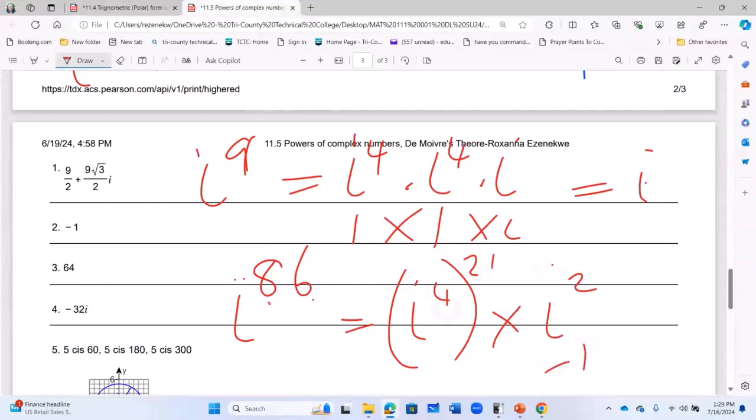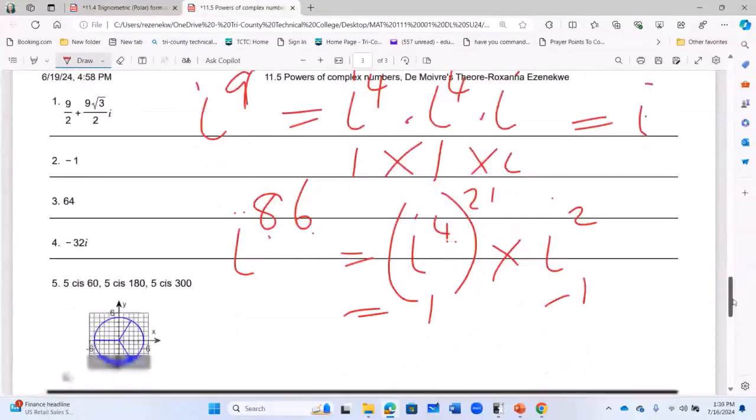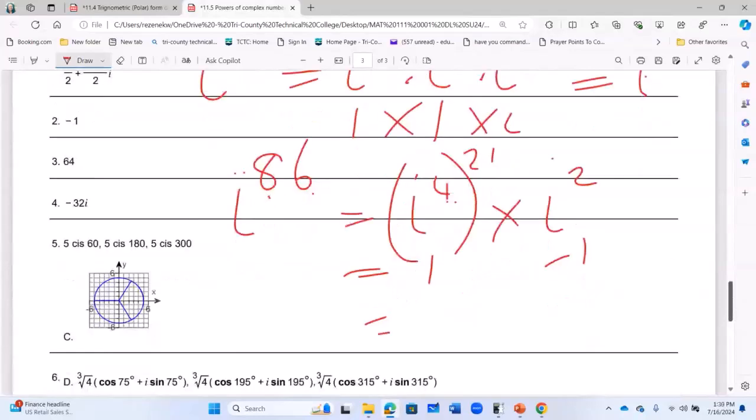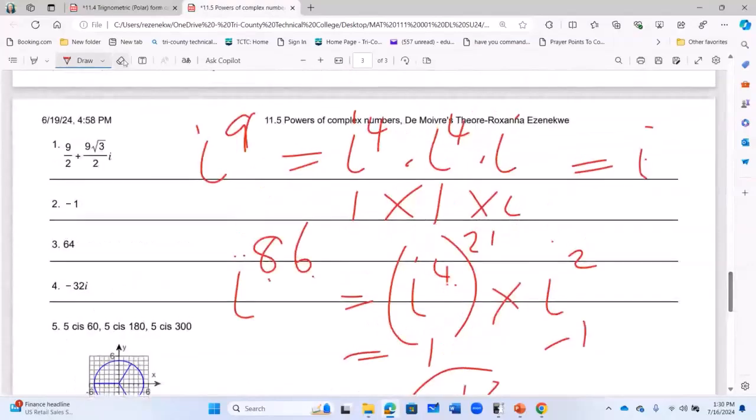Any power of i to 4 is 1, so I won't worry about that. Therefore, i to the power 86 is the same thing as negative 1. That is, by the way, just a review of powers of i. I hope you remember that. All right.